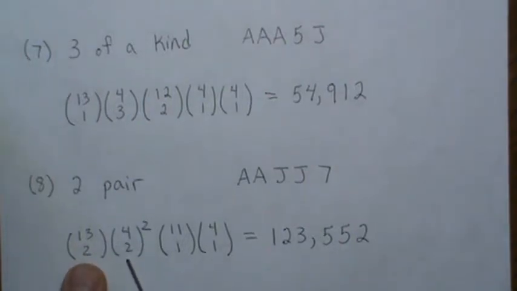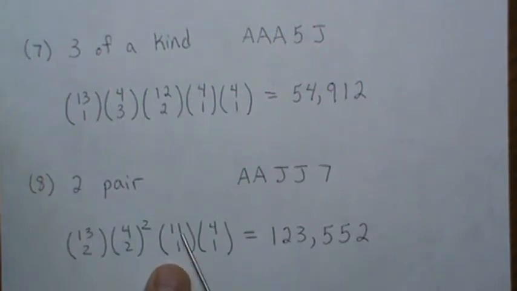In the second column we only want 2 of the 4. Now that's 4 cards, and then for the last card we want to pick 1 column, but we only want 1 of the numbers in that column. So this is the number of ways to do 2 pair.